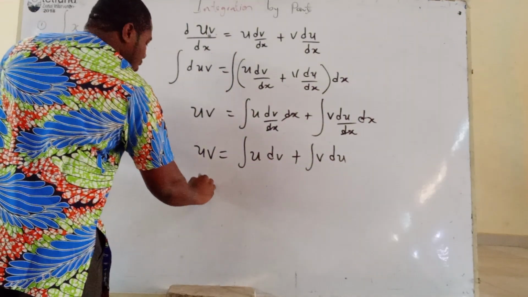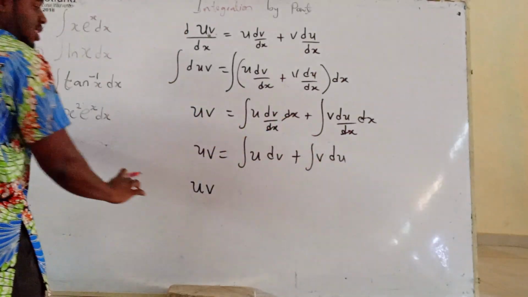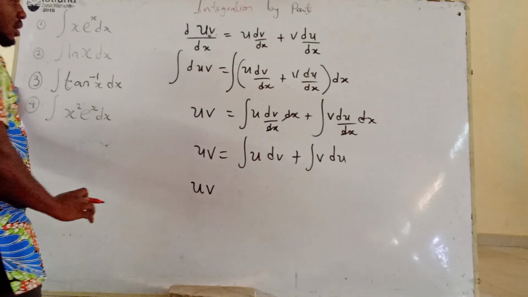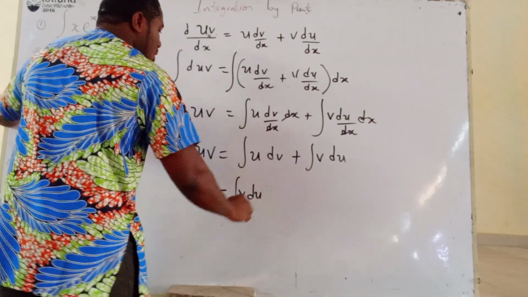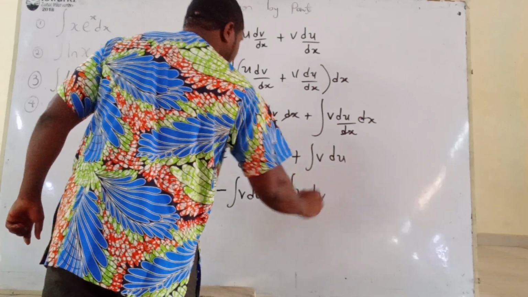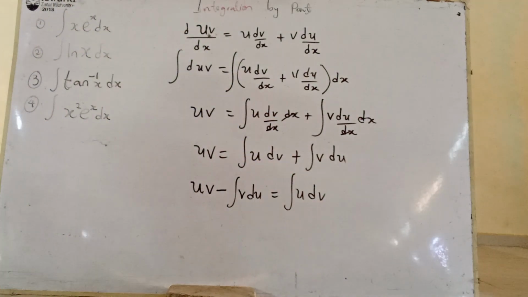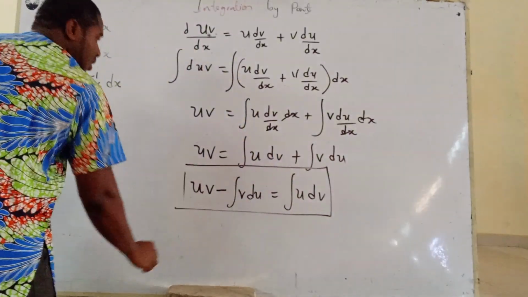So I have uv. If I move this positive sign across the equation, it will be what? So I have minus integral of v du. So this is going to give me integral of u dv. Are we together? So this automatically becomes the formula for what?